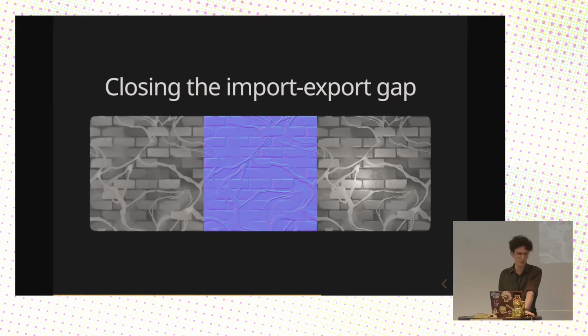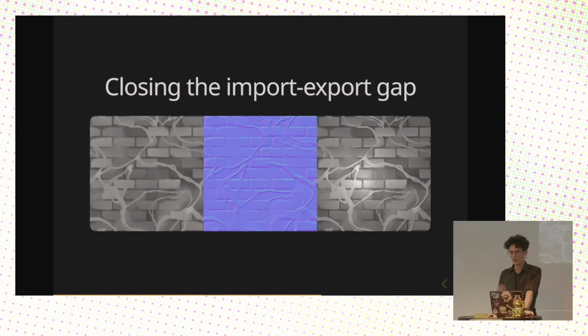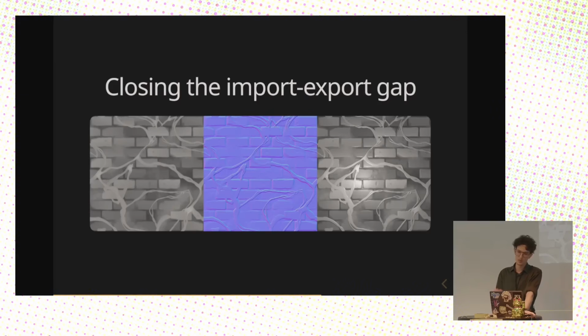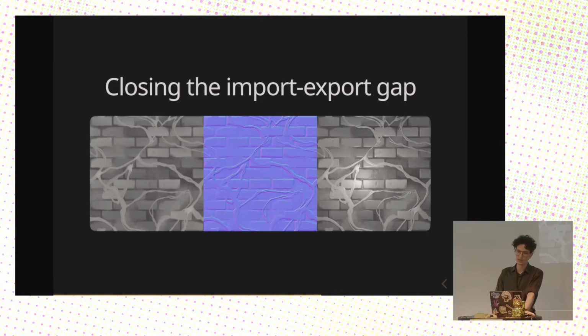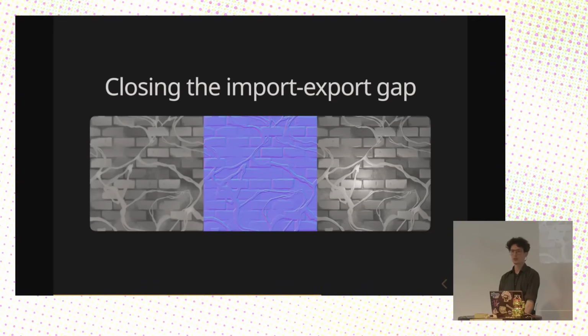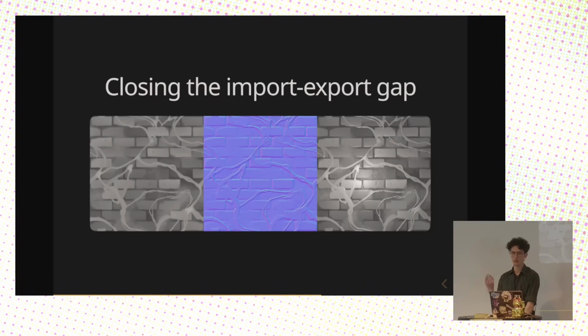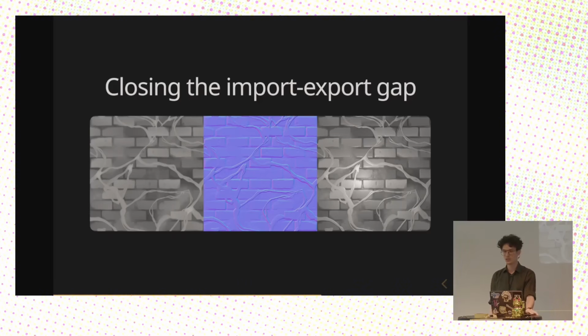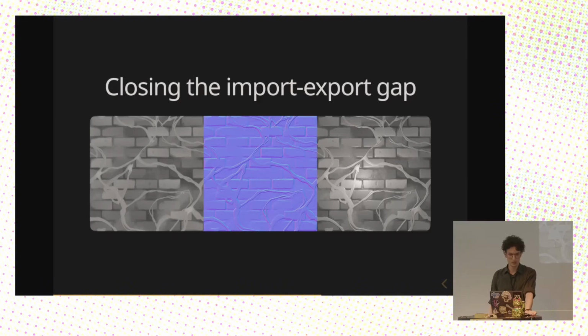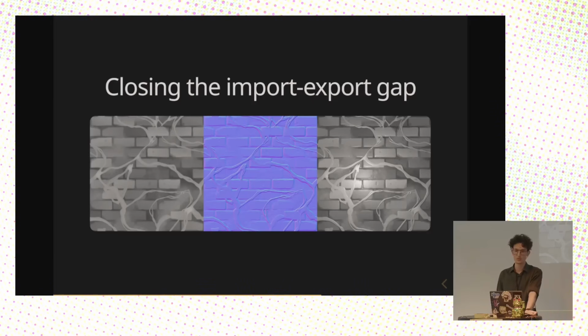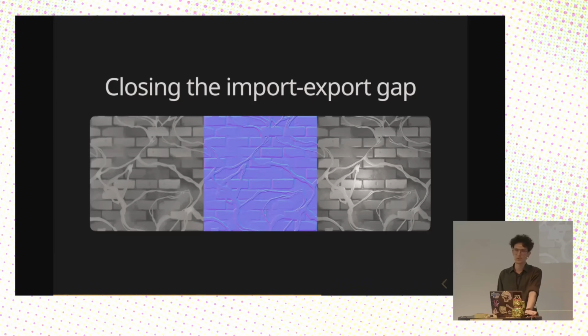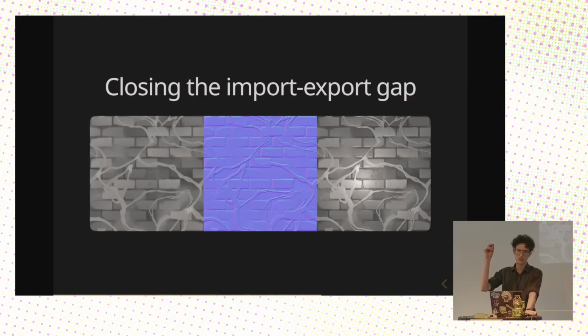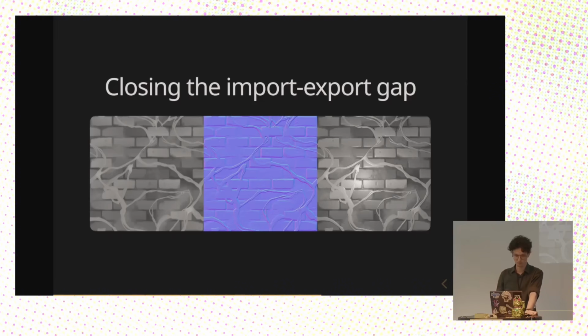On the right side of the slide, you see the effect of combining a normal map with the height map on the left. Usually normal map converters work with height maps. A height map is another kind of special texture, which basically stores values in grayscale about how high or low the texture is at each point.